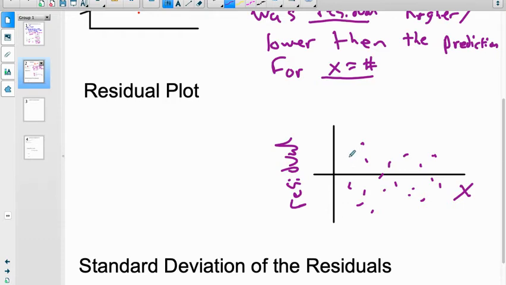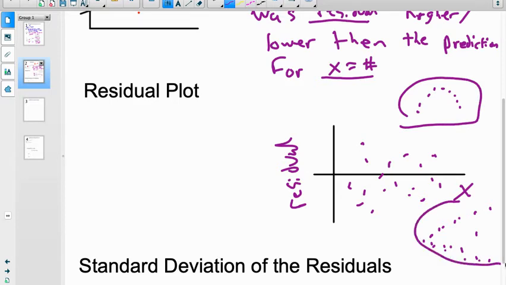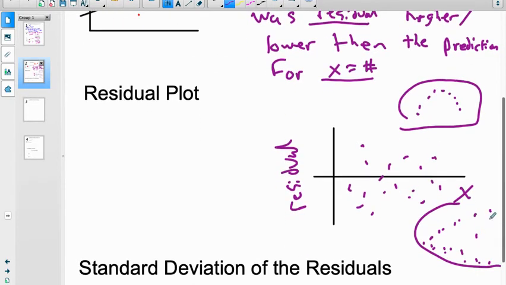Some patterns you might see are the points curving like that, or getting more spread out as x gets bigger. Those are two patterns to look for. If those patterns are there, that is not good. So we want no pattern.